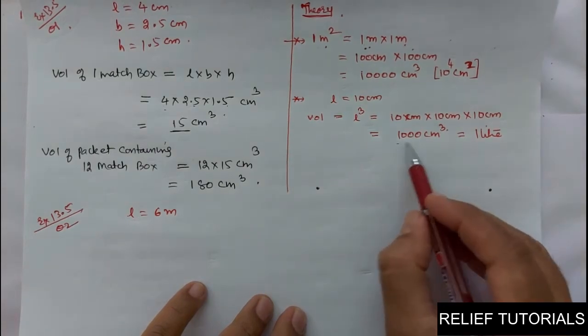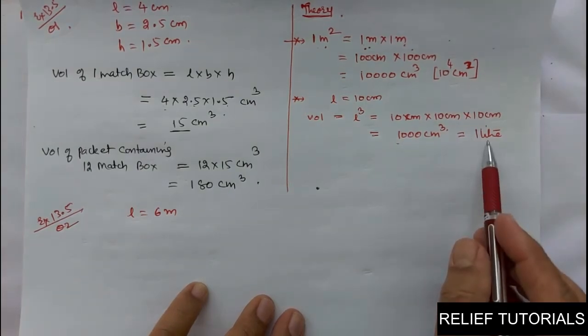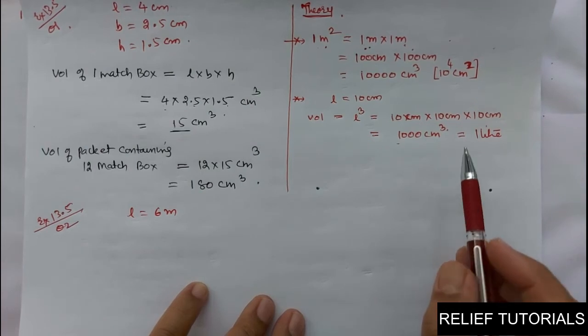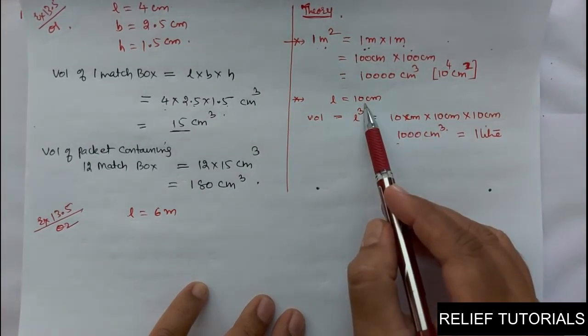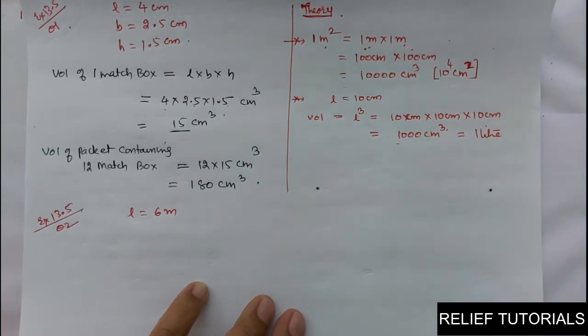So we can say 1000 centimeter cube is equal to 1 liter. Have you got it, friends? If I say 1 liter, you have to imagine a cube whose edge length is 10 centimeter, so that it can hold 1 liter of water. And if I say the volume of a cube having length 10 centimeter, you know volume is L cube, so 10 into 10 into 10, that is 1000 centimeter cube, equal to 1 liter.